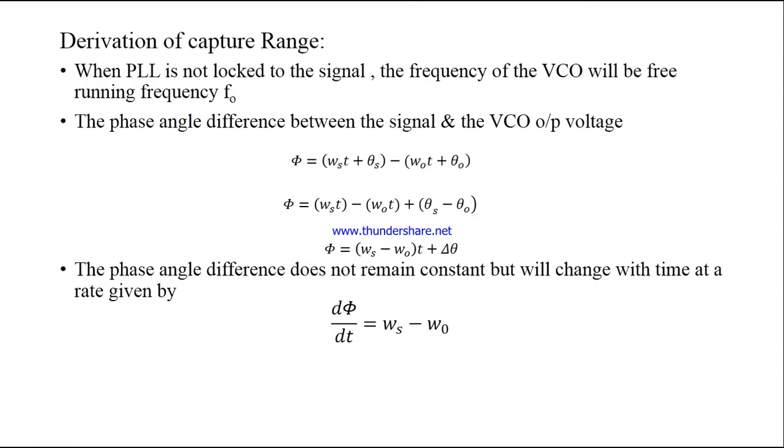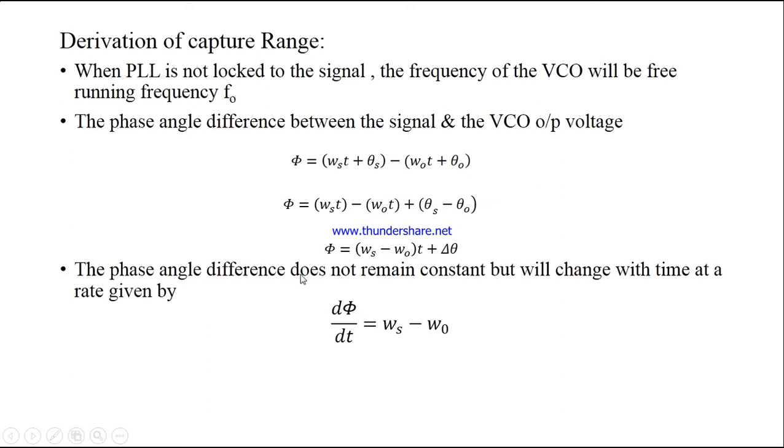Now the derivation of capture range. When the PLL is not locked to the signal, the frequency of the VCO will be that of a free running oscillator. Here the phase angle difference between the signal and the VCO output signal is given by this phi equation.